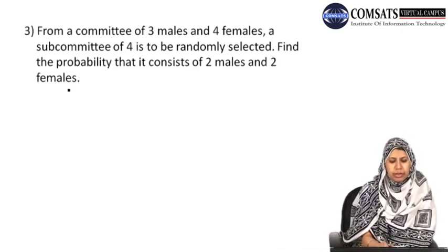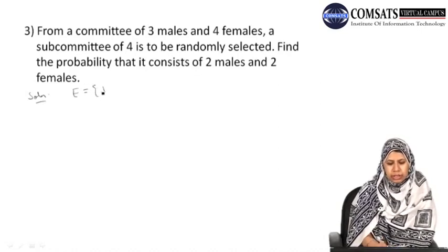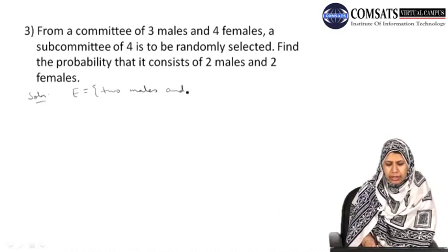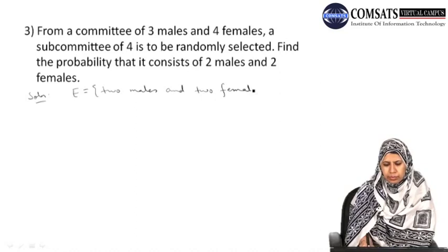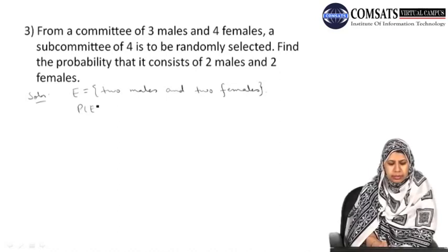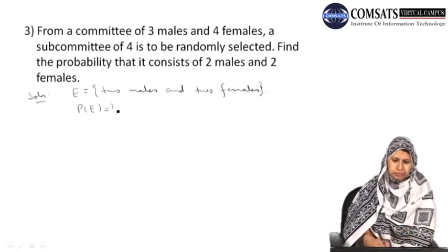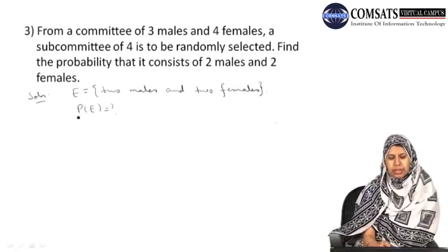Okay, so we have to find the probability of our event E, which has 2 males and 2 females. And we have to find the probability of this event E.